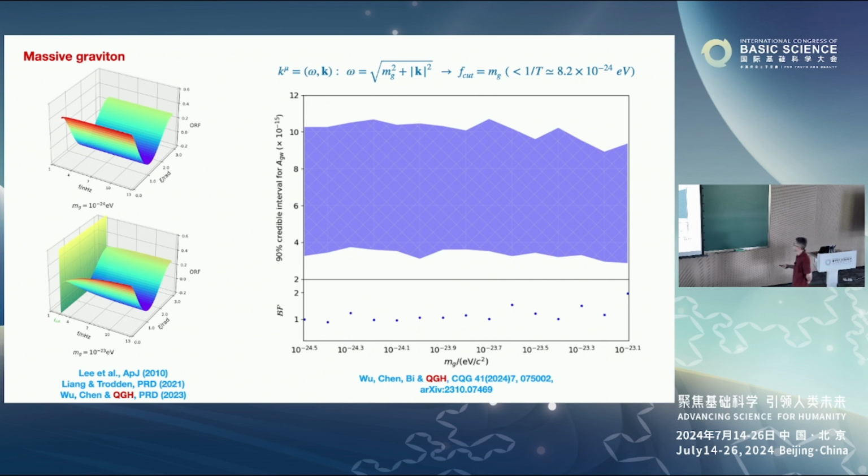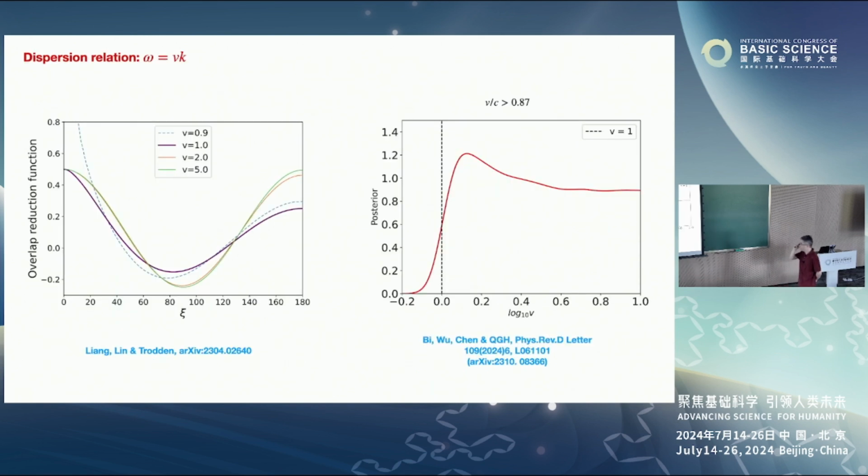But we didn't see any signal of a deviation from the zero-mass gravitational wave signal. So we can also introduce a simple dispersion relation. Here we introduce a parameter V. If V equals 1, the velocity of the gravitational wave is the same as the speed of light.